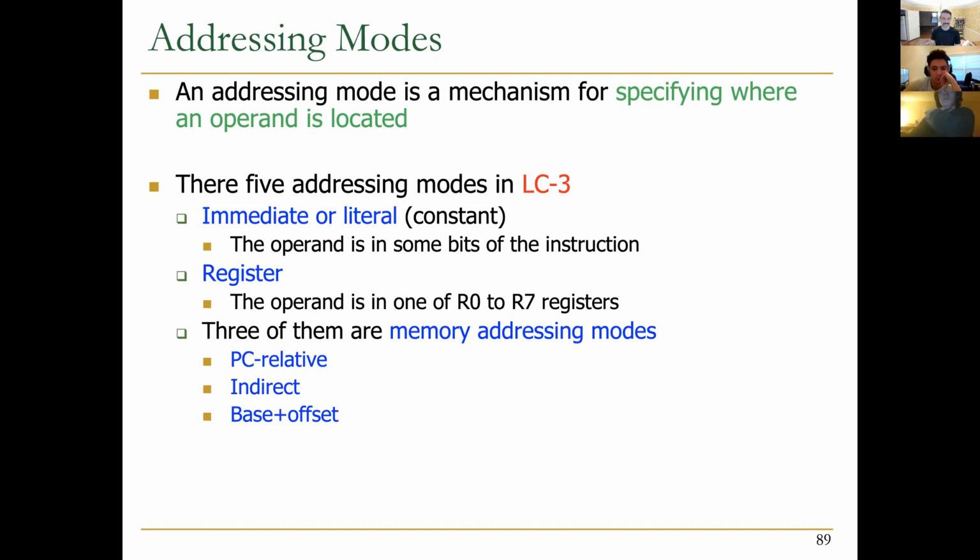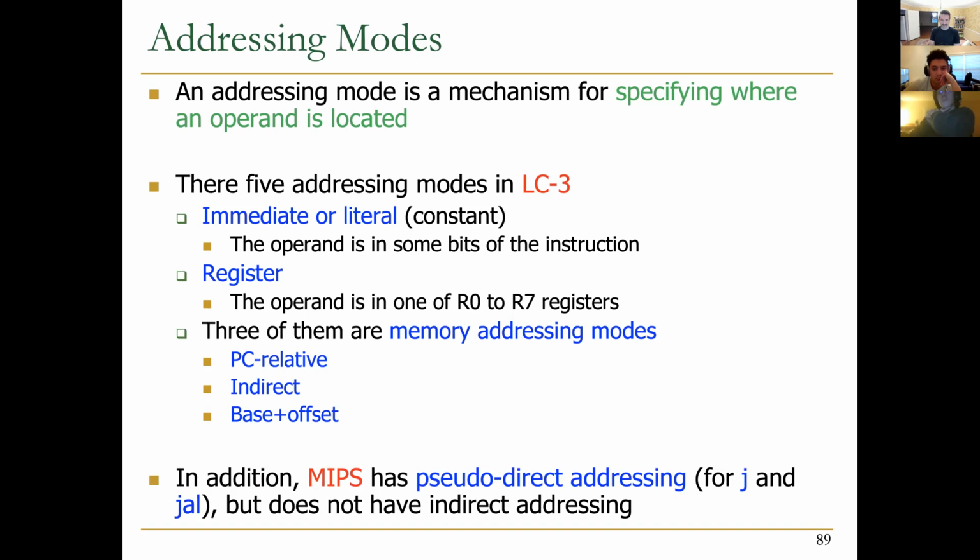LDR, right? In MIPS, beyond these addressing modes, we also have pseudo-direct addressing, in particular for J, and for jump and link. But MIPS, for example, doesn't have indirect addressing. We have not discussed indirect addressing, but we will at some point.